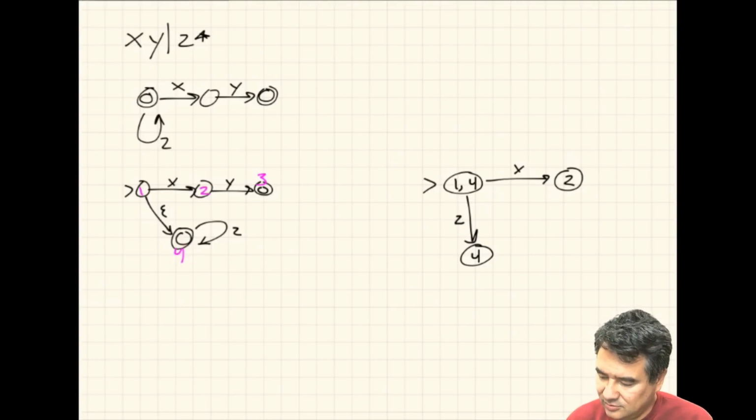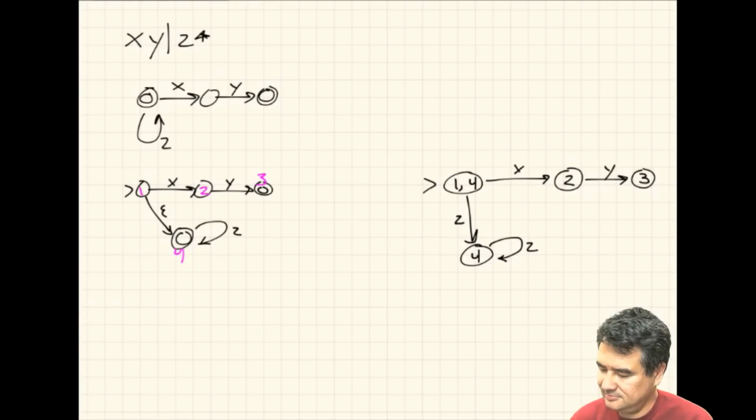Okay, and now room 2 has a Y door that goes to 3, and then that's it, I think. We need to do room 4. Room 4 has a Z transition that goes back to 4 as well.